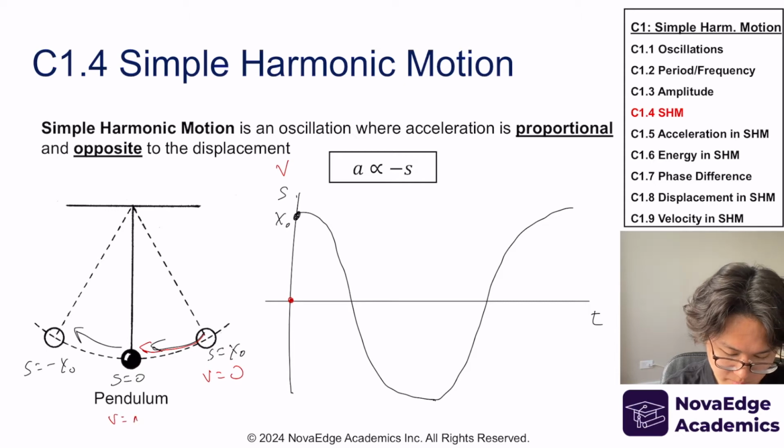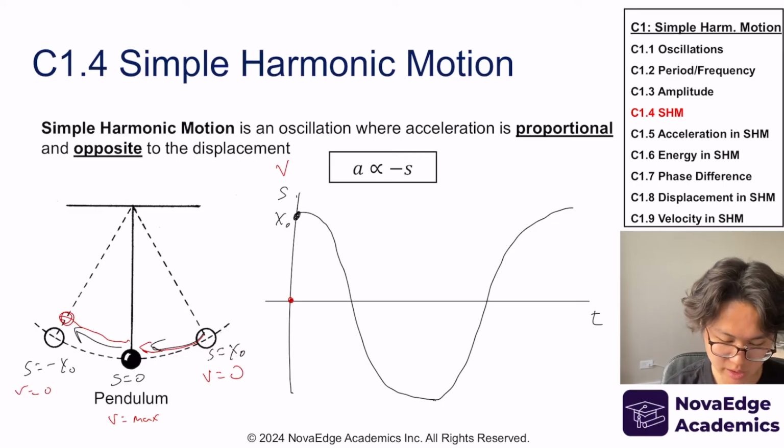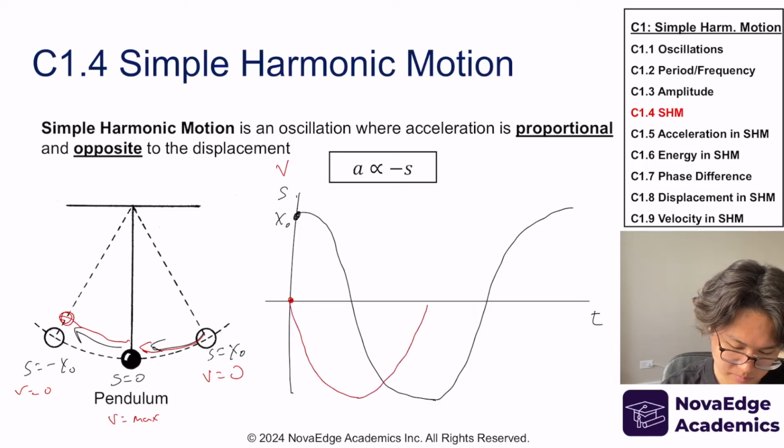So v is max here. And then it's going to decelerate and then stop at the top. So v is equal to 0 here again. So it's actually going to look like this. I'm just going to complete the cycle.